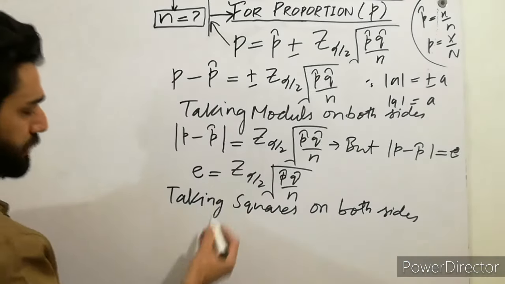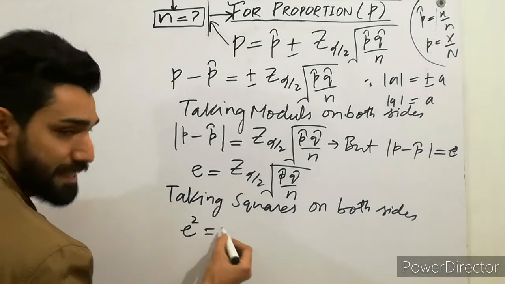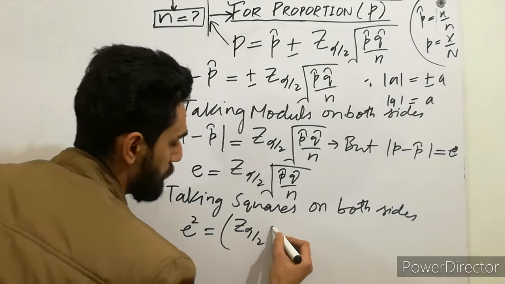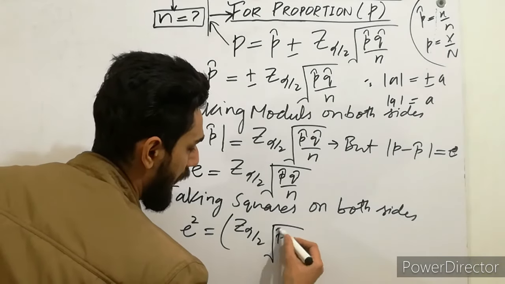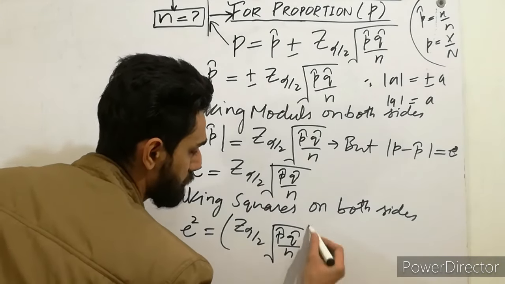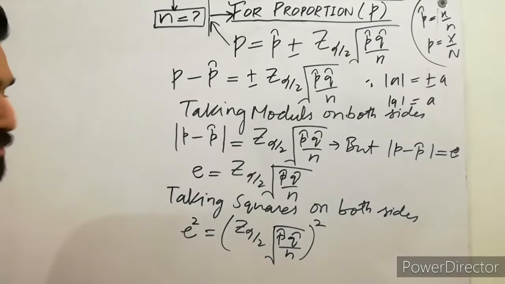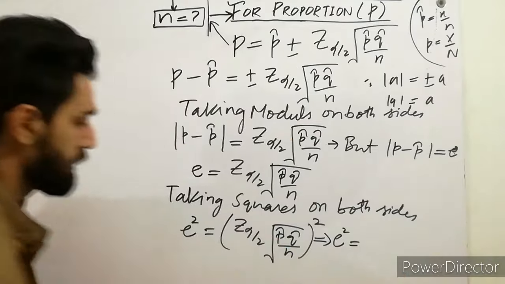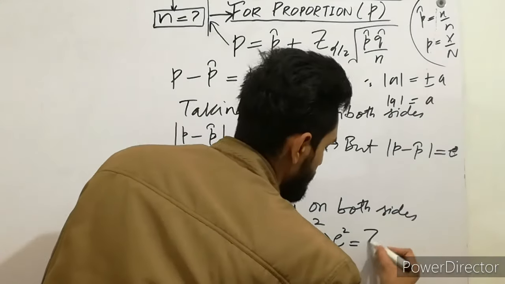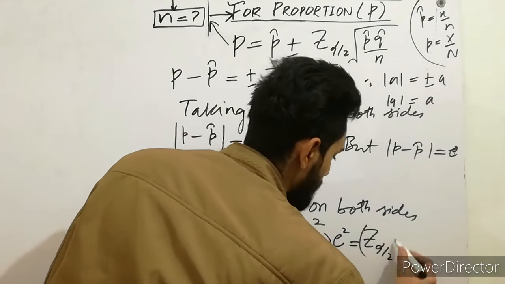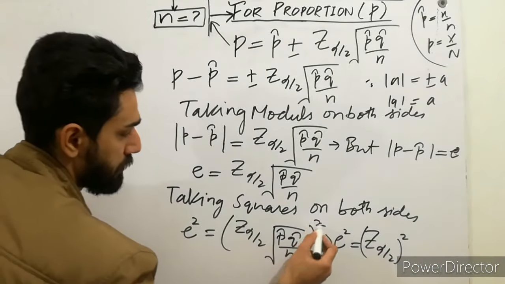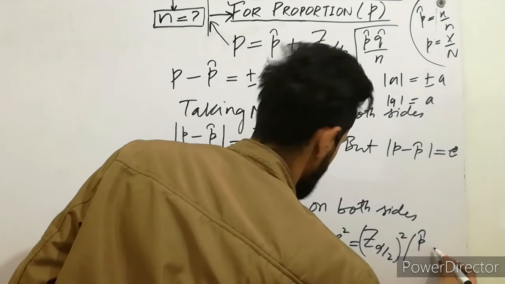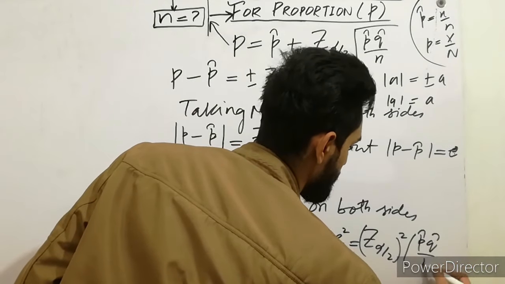E square is equal to Z alpha by 2 square root of P hat Q hat divided by n, whole squared. You can solve that: E square equals Z alpha by 2 squared, and the square root is cancelled by the square, giving P hat Q hat divided by n.